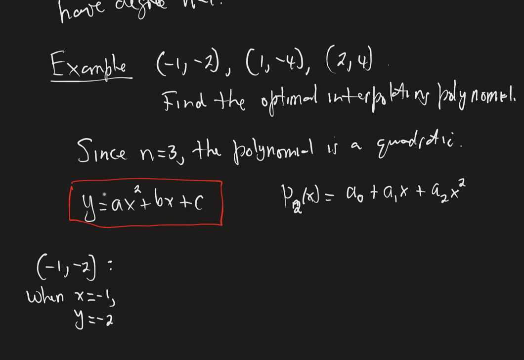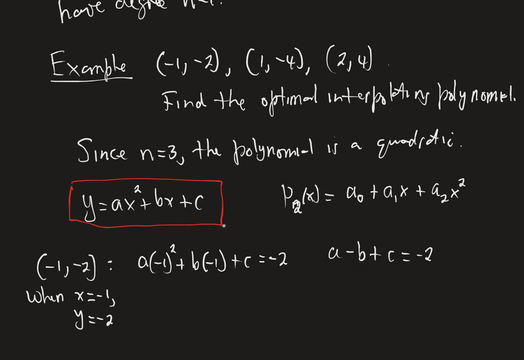So if I plug x equals -1 into my general formula for the quadratic, that would have to give me a y value of -2. If I simplify, -1 squared is 1, so I'll have a minus b plus c equals -2. That looks like a linear equation with variables a, b, c, and I can see my coefficients. So that's one equation.